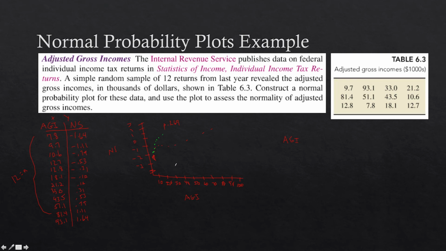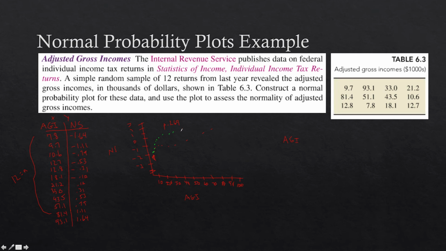You're going to have 33 as 0.31. You're going to have 43.5 as 0.53.